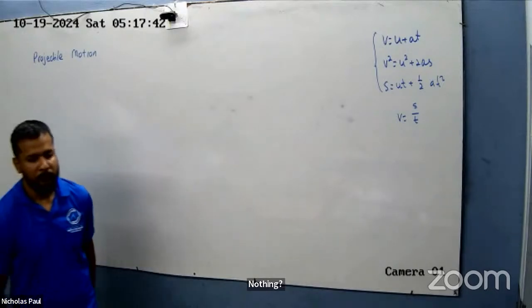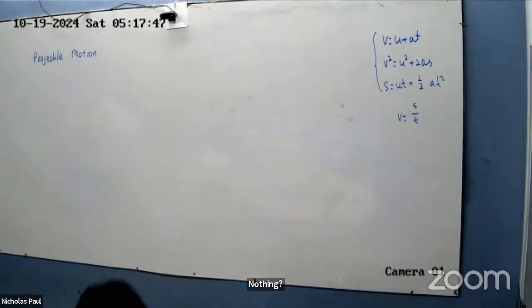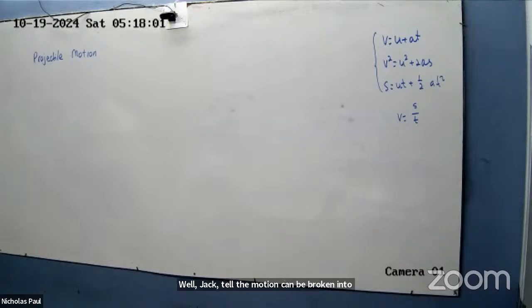Projectile motion can be broken into two components, horizontal and vertical.